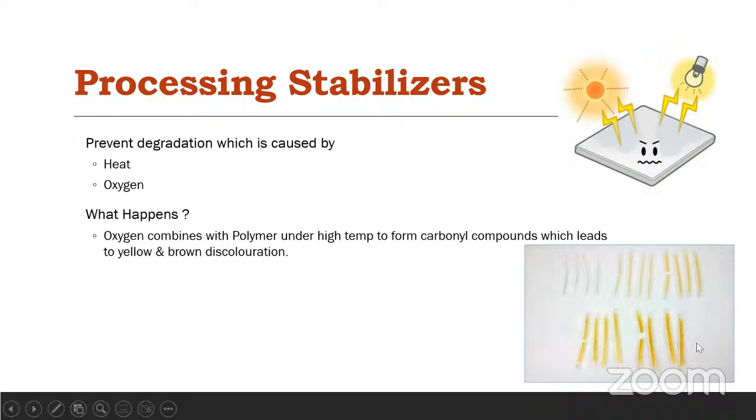This yellowness is due to the oxidation, which we call discoloration, and along with it your polymer also becomes brittle. During this degradation process, the oxygen which is present combines with the polymer to form carbonyl compounds, and these carbonyl compounds lead to yellowness and brittleness of a product.